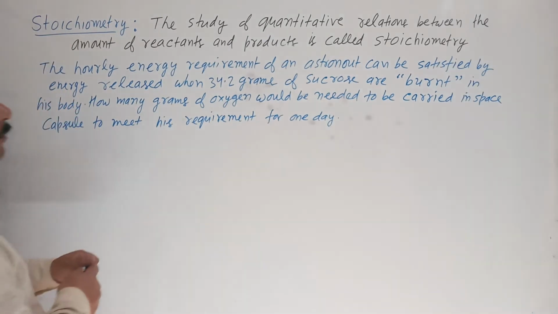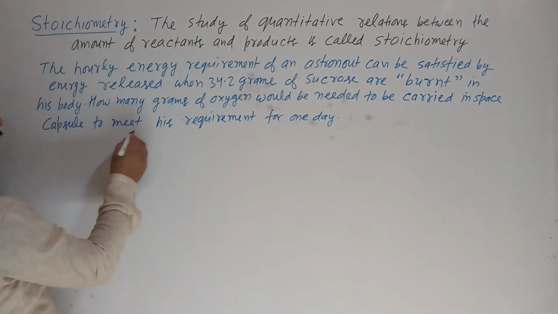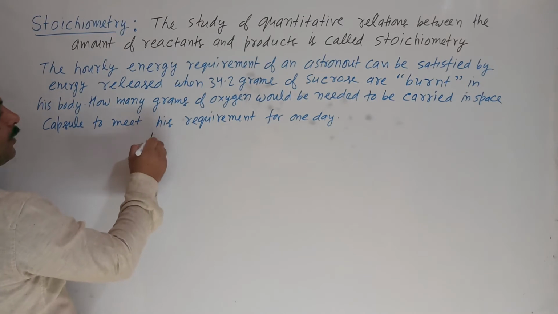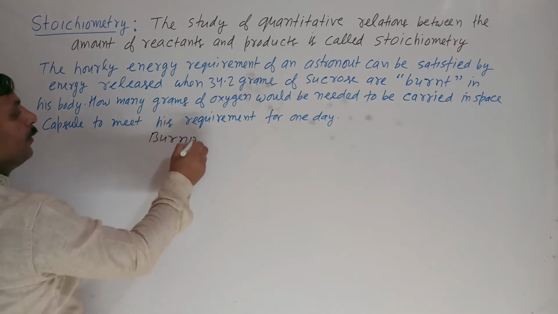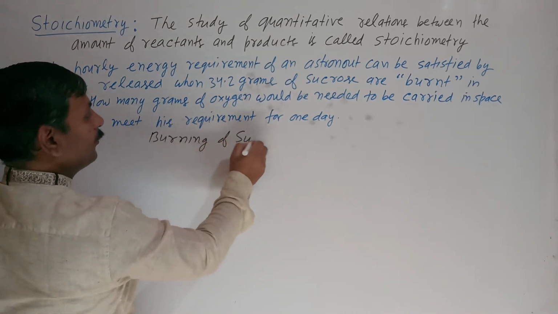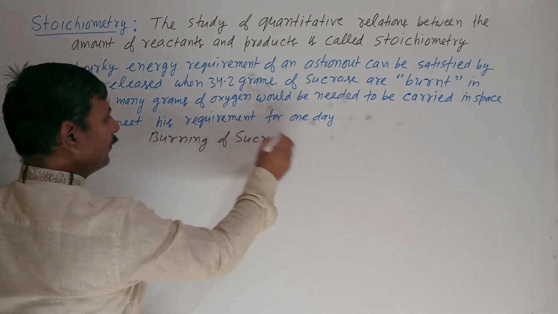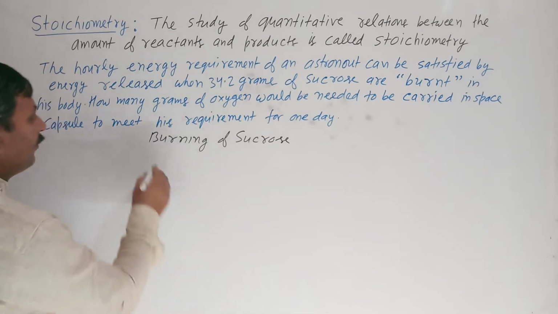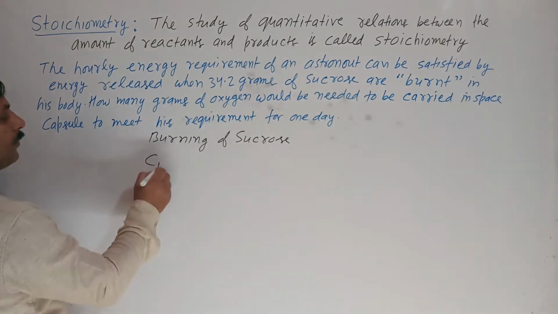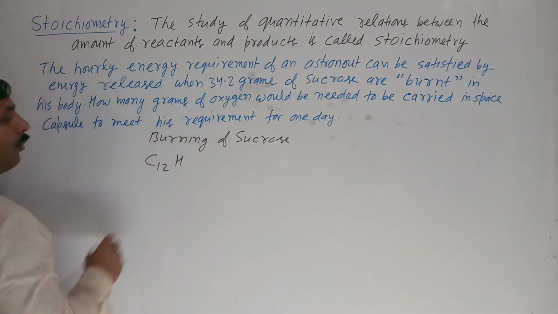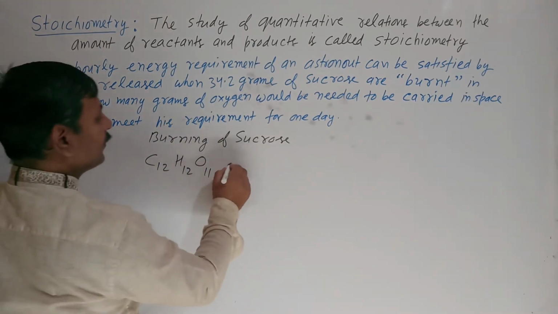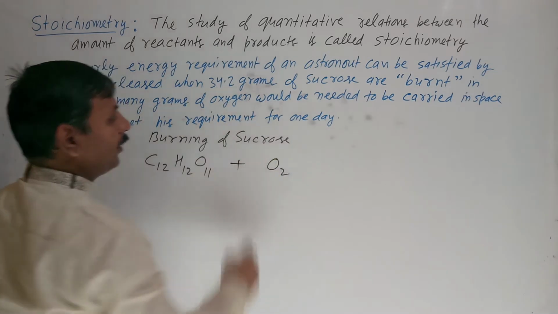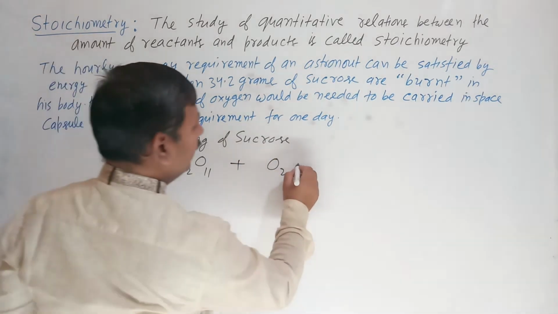To see here, burning of sucrose. What is the balanced chemical equation? Firstly, we see burning of sucrose. Chemical formula of sucrose is what? C12H22O11, burned in the presence of oxygen.